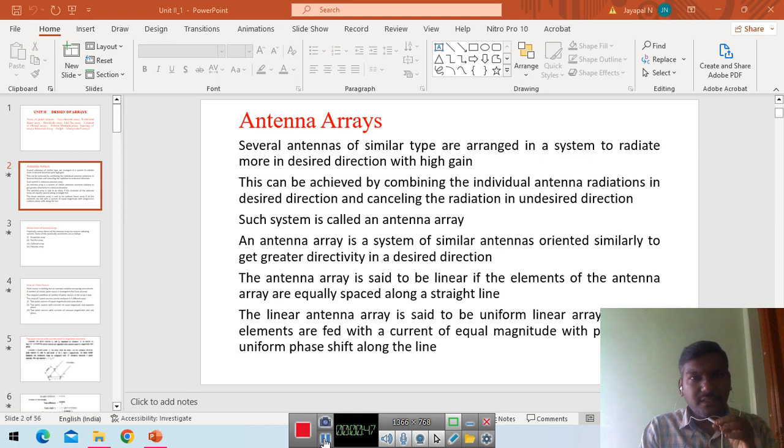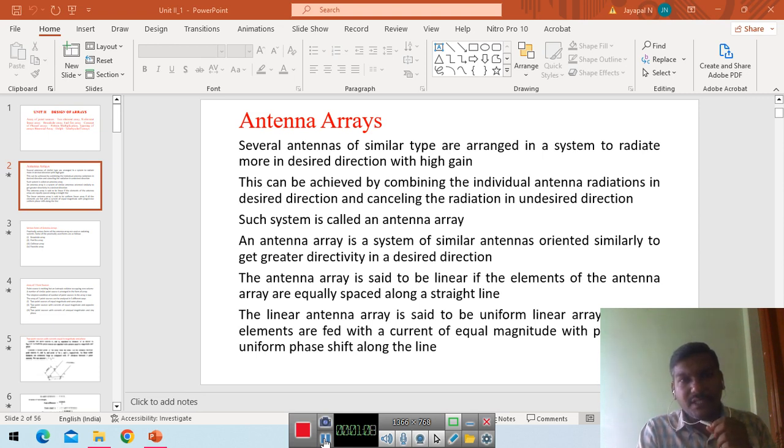So we connect similar types of antennas in a system. The antenna characteristics are similar, such as polarization, impedance value, and length of the antenna. Whatever it may be, we consider similar types of antennas. So this kind of system is called an antenna array.